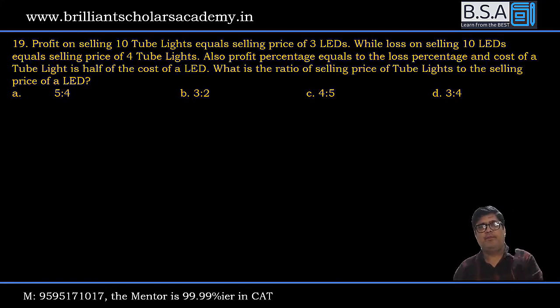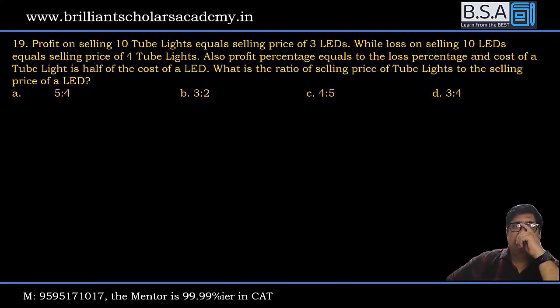Be careful. Profit on selling 10 tube lights equals selling price of 3 LEDs, while the loss on selling 10 LEDs equals selling price of 4 tube lights.